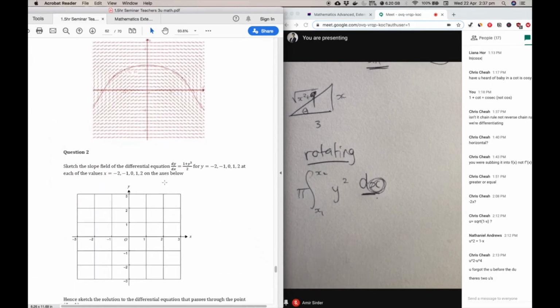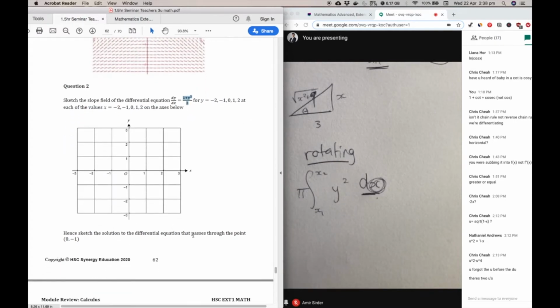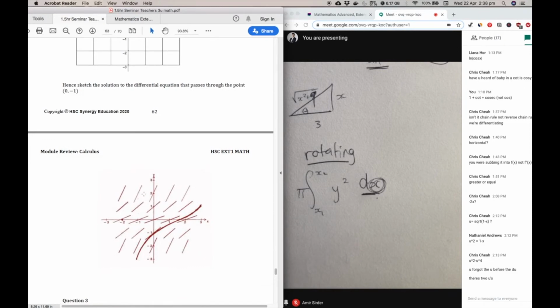Cool. Sketch the slope field of a differential equation. This could be a typical exam question. They give you the grid and ask you to sketch it. So you want to sketch it at these points. You just sub in the values, do mini gradients, and sketch the solution. You can do long lines if you don't have many points.